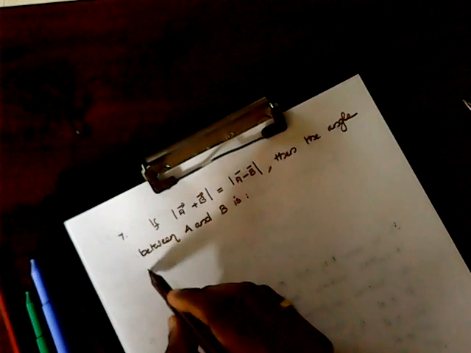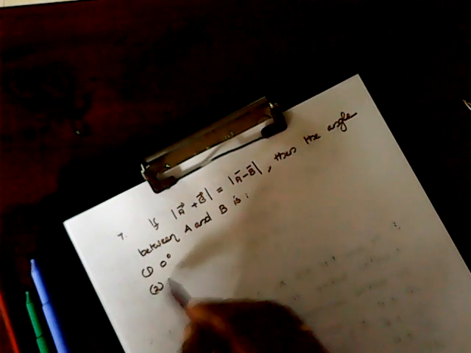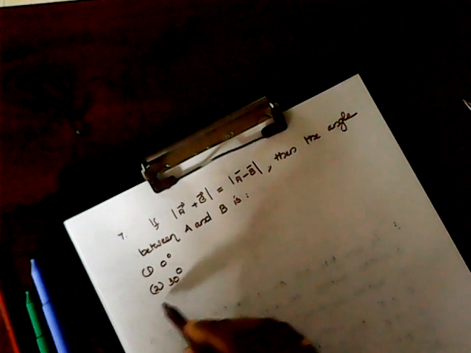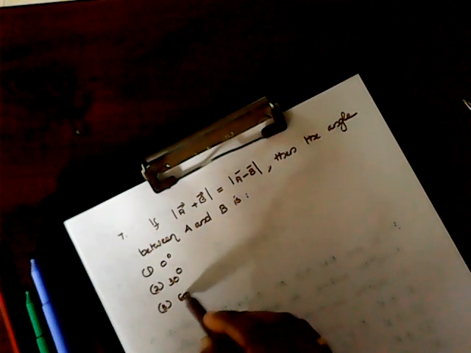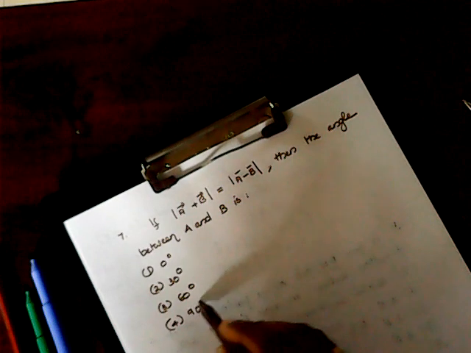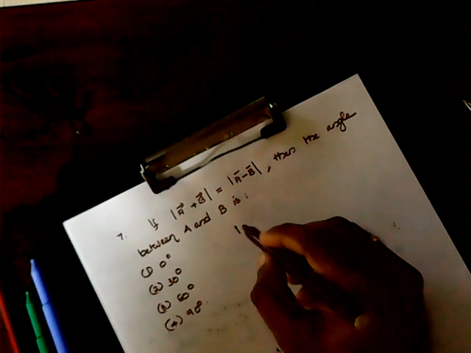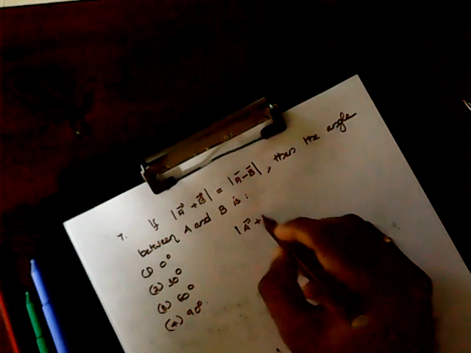The choices are 0 degree, 30 degree, 60 degree, 90 degree. At first, we know the resultant of A and B, the sum.